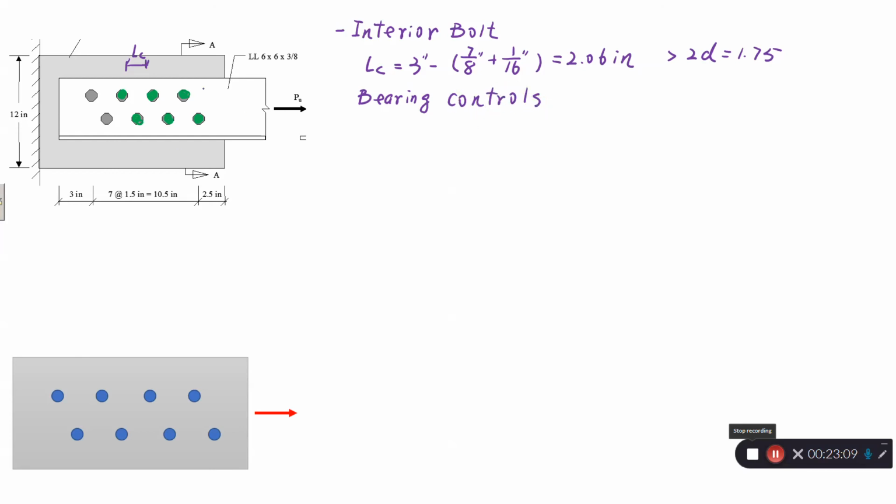Okay, so it means for all of the bolts, bearing controls, then altogether I have 8 bolts, right? So phi Rn for the double angle, we have 8 bolts, all of them are bearing controls, and 2 angles.